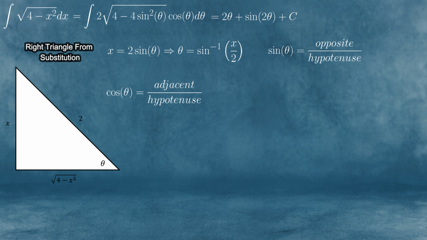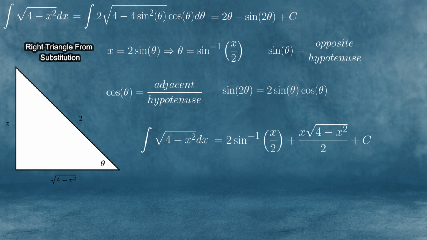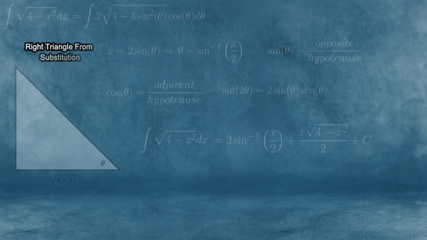And theta will be equal to arcsine of x over 2. Now, as you can see in our right triangle, and knowing that sine of 2 theta is equal to 2 sine of theta cosine of theta, our final result is the following: 2 arcsine of x over 2 plus x, the square root of 4 minus x squared divided by 2 plus c.